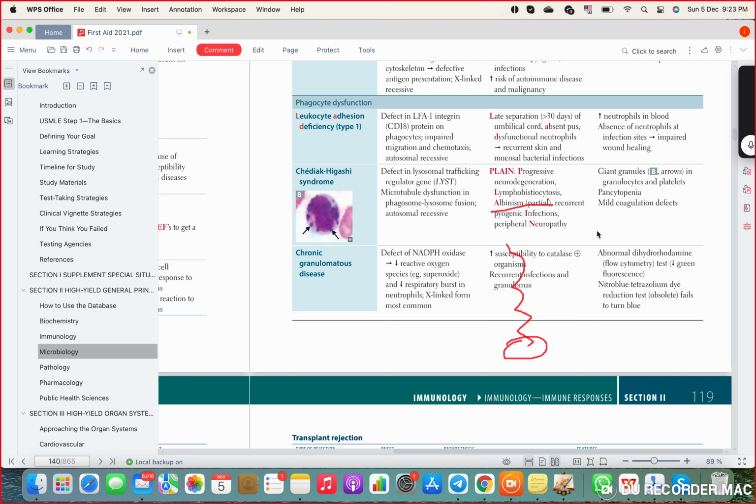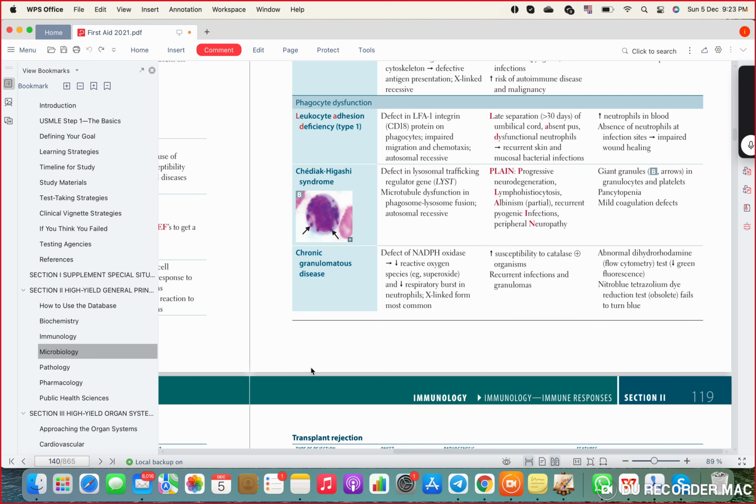It also prevents the fusion between the phagosome and the lysosome, and that will lead to recurrent pyogenic infection. It also leads to prevention of movement of neurotransmitter inside of the axons, which will lead to peripheral neuropathy.